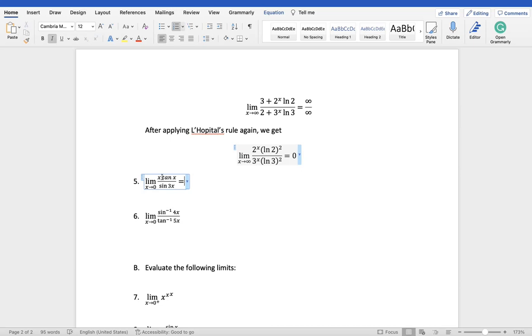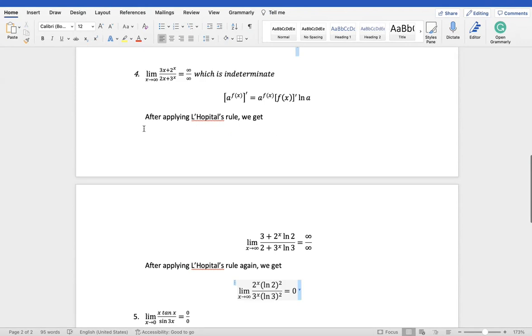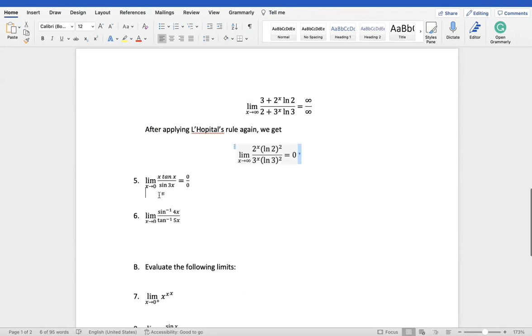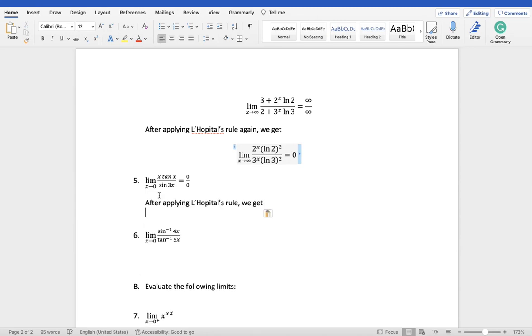And the numerator? It's also 0. Right, so you have the indeterminate form. So now you have to apply L'Hopital's rule. So again, we write, after applying L'Hopital's rule, what do we get?